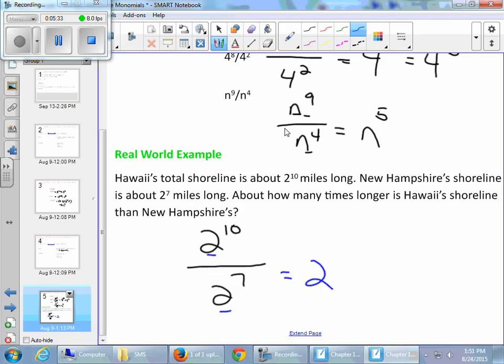And then when we're dividing, we're going to subtract our exponents, 10 minus 7, which is 3. So Hawaii's shoreline is going to be 2 to the 3rd, or 8 times longer. You could also label it miles longer.